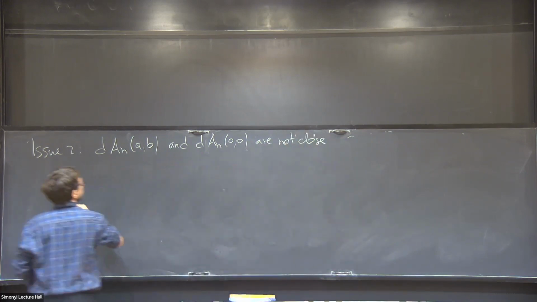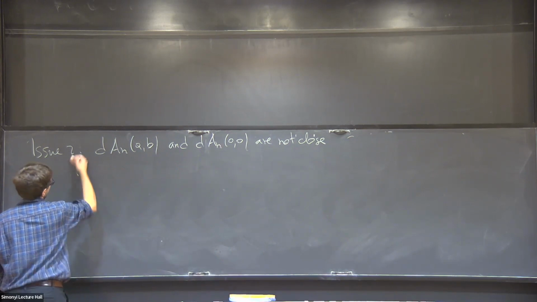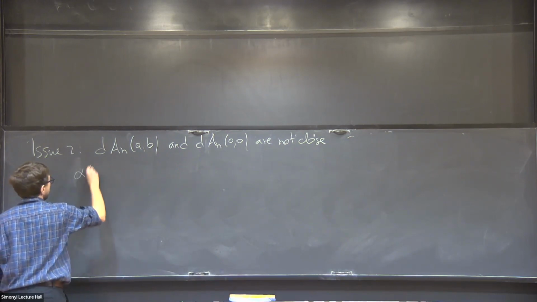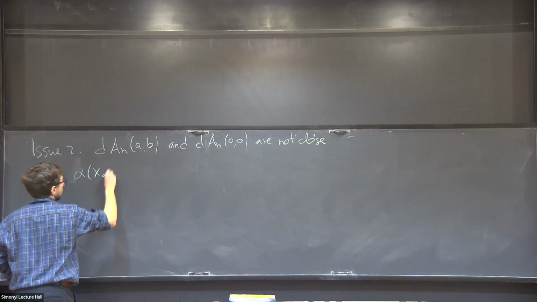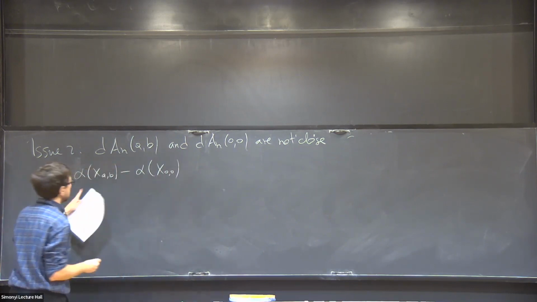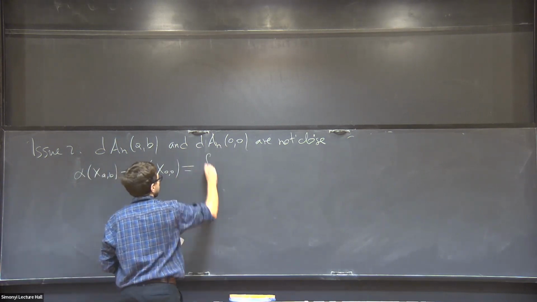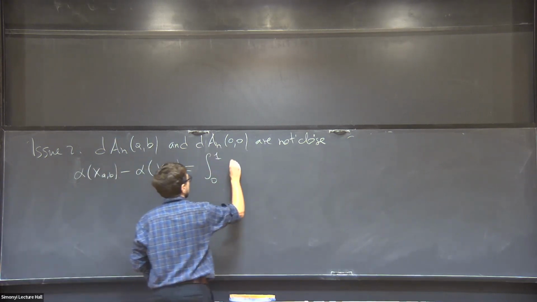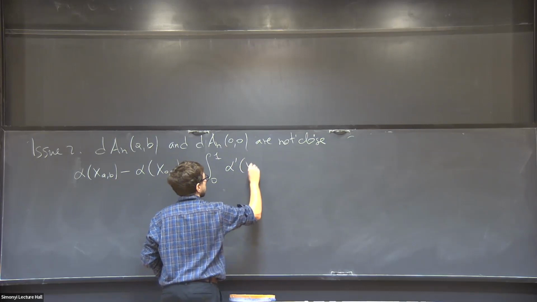The idea is that if I take something of that type, alpha x AB minus alpha x 0, 0, and I want to estimate this difference, then by the mean value theorem I will also get some derivatives here.